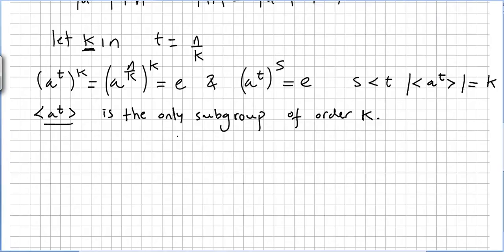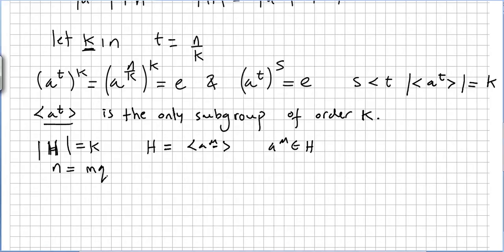So let us think of H as a subgroup with order K. We already showed that H is generated by A to the power of m, where m is the least positive integer such that A to the power of m is in H. We saw that, and now we do the same.